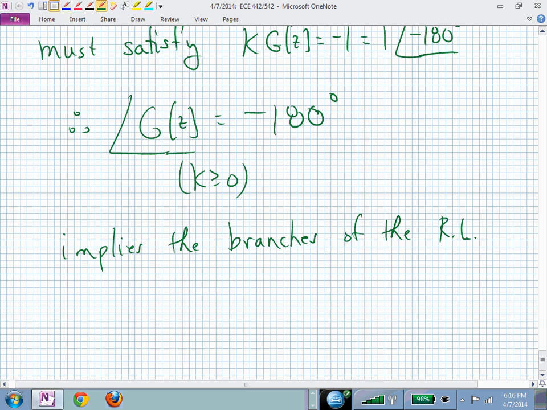So now the branches of the root locus for this g of z, those branches are actually going straight up and down. We have one branch going up, one branch going down. And they're at right angles, plus and minus 90 degrees.